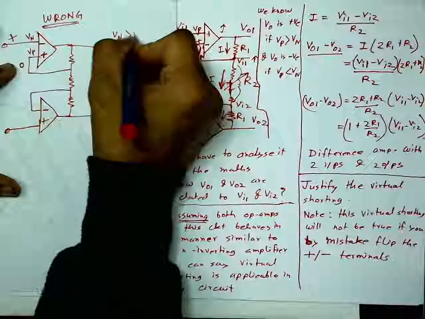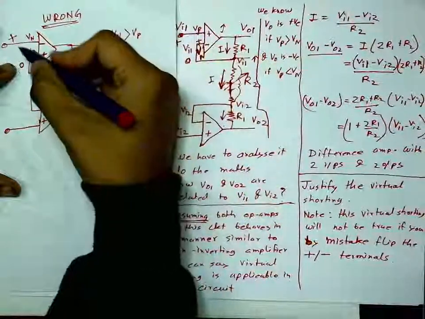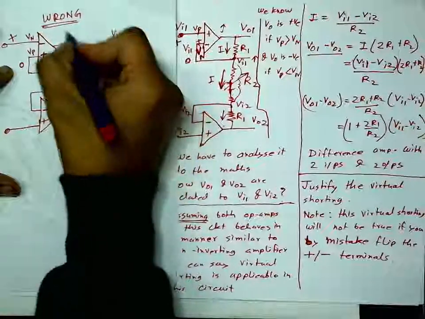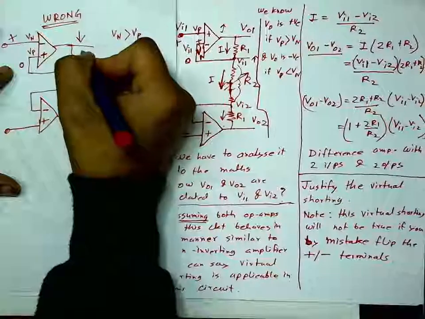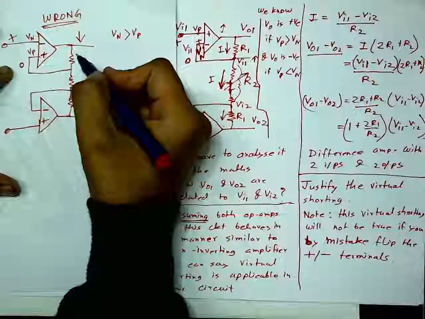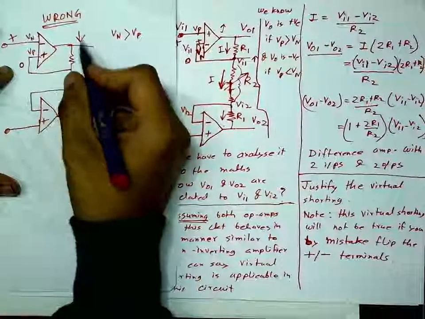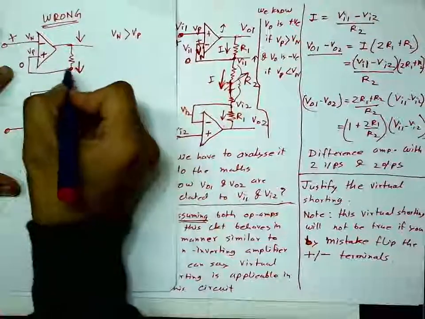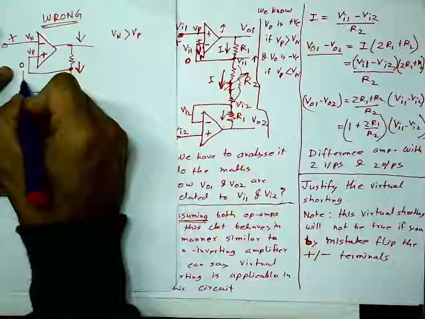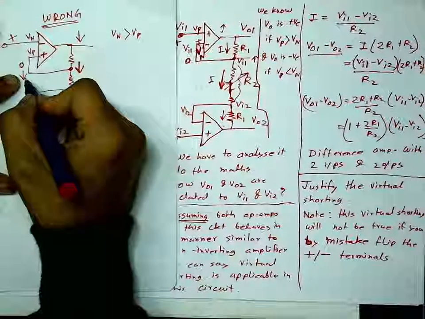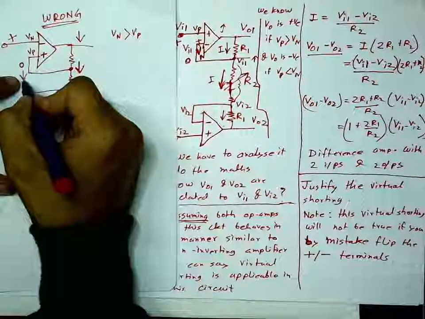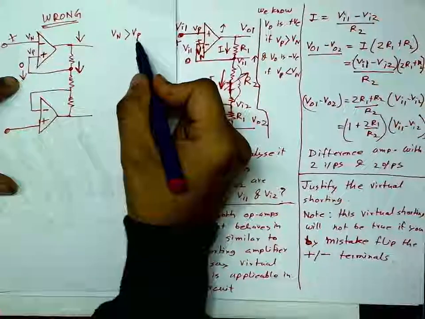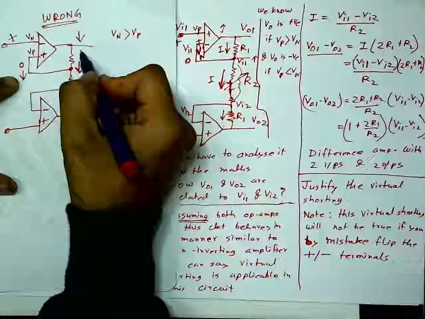Vn is greater than Vp, which will cause this output to go down. This output will go down towards the negative value, causing this point to also go down, and therefore this voltage will further be reduced. This will be negative now, and this is positive, that means Vn is still greater than Vp. The output will further go down.